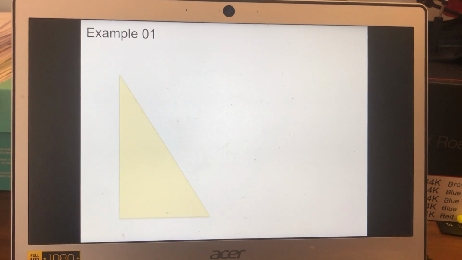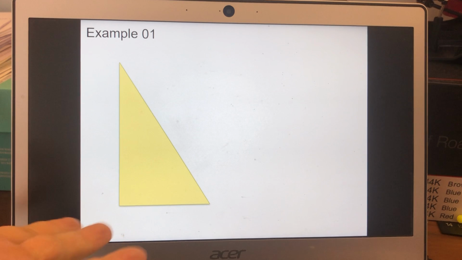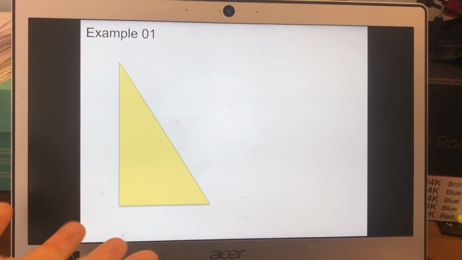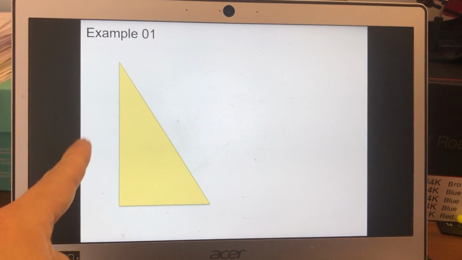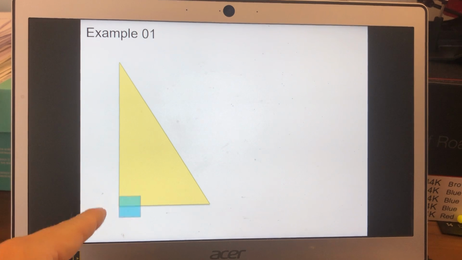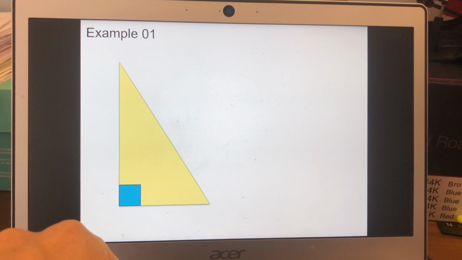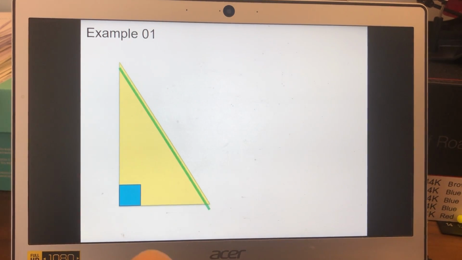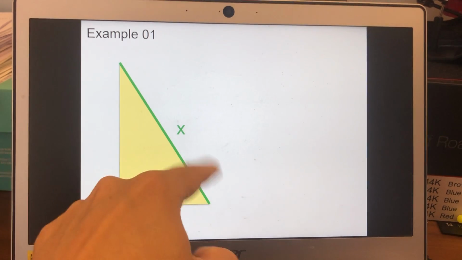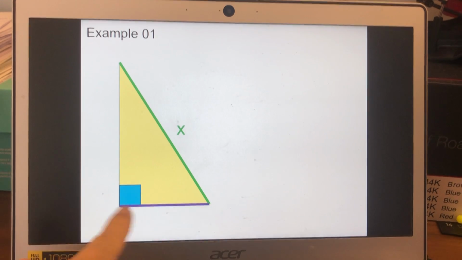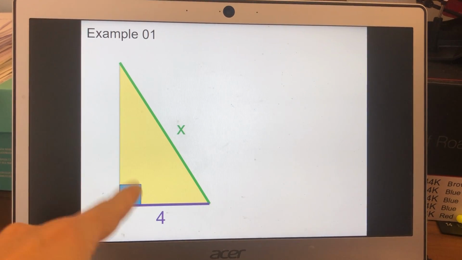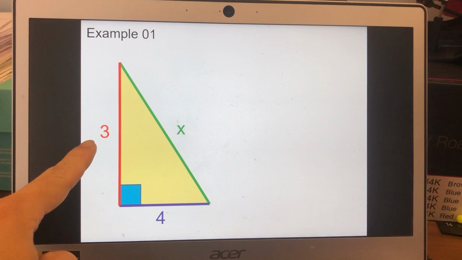So example. Now, we are just given a triangle, but this is just some triangle, not a special one, unless some extra information is given to you. Oh, we've got a right angle here, so this is a right angle triangle. And we are also given that this length is x, this length is 4, this length is 3.